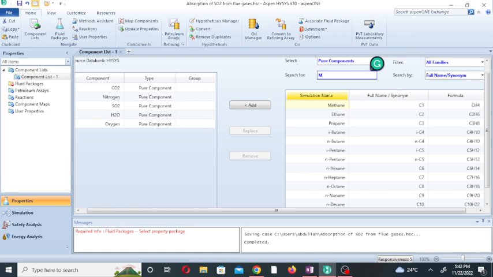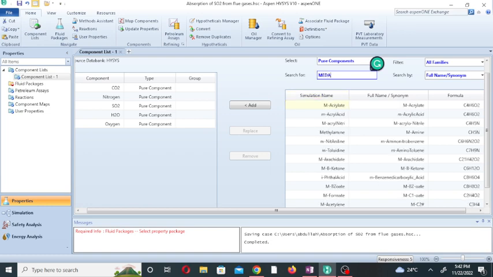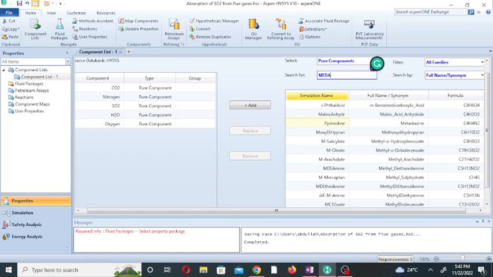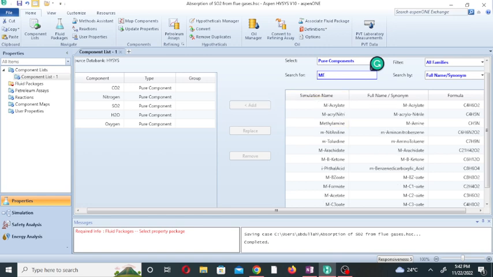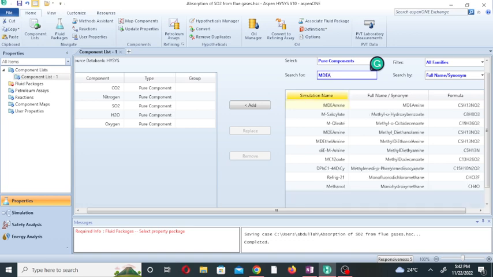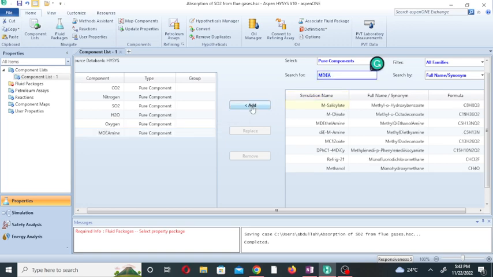So MDEA, methyl diethanol amine, this is the methyl diethanol amine absorbent. So these are the components.